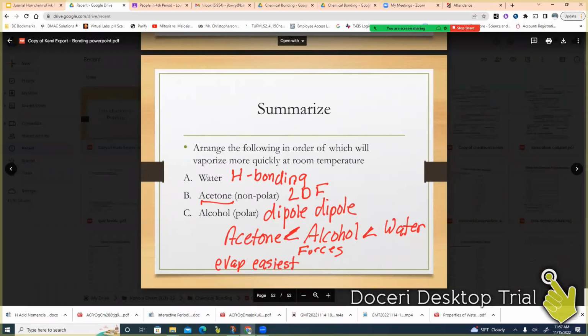So now, if we had those three things, let's say that we're looking for boiling point. So put those in order from highest boiling point. You don't have to list it as far as forces go, but from highest to lowest.